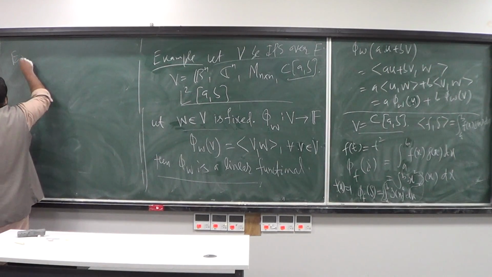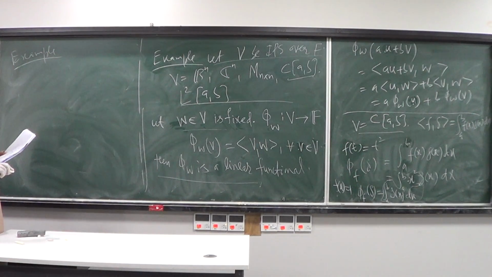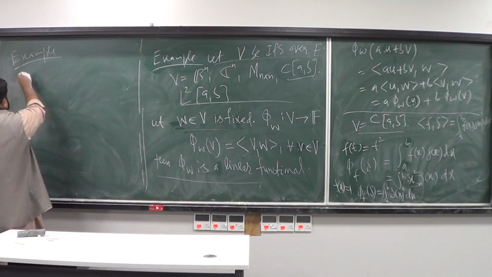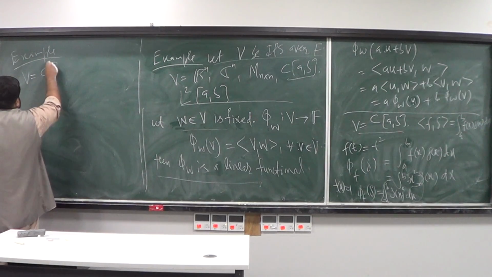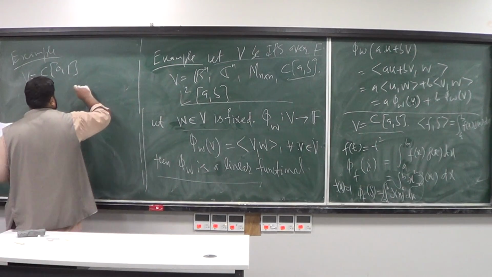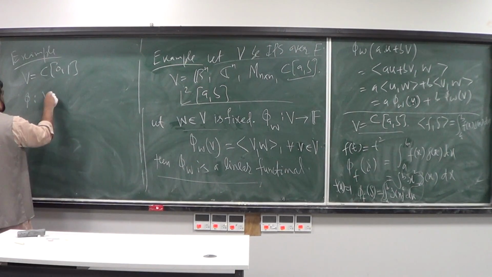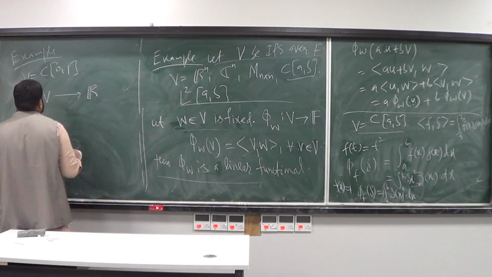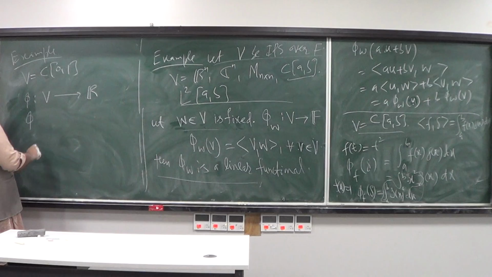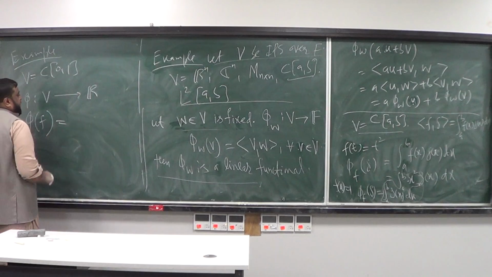Another example, maybe you can verify it for yourself: you take the space V of continuous functions over 0 to 1 and you define a phi from V into R. Phi is a map that swallows a continuous function, say f, and spits out a number.